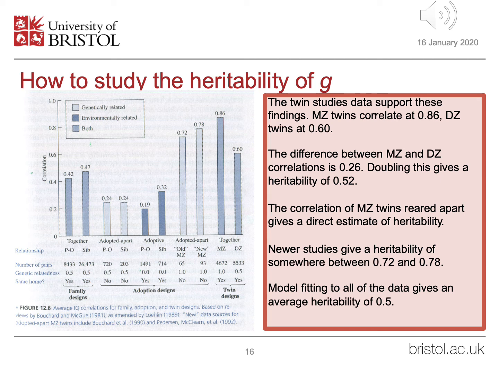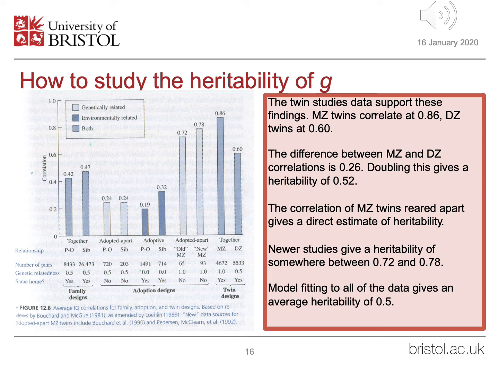A comparison of the twins who are raised together is on the far right of the chart and shows that MZ twins correlate with each other at 0.86, whilst DZ twins correlate at 0.60. The difference between the MZ and DZ correlations is 0.26.